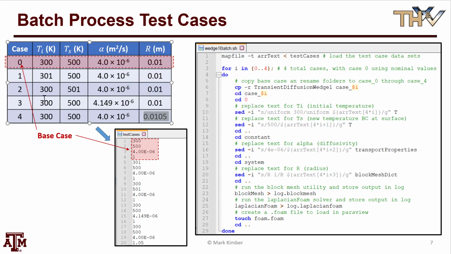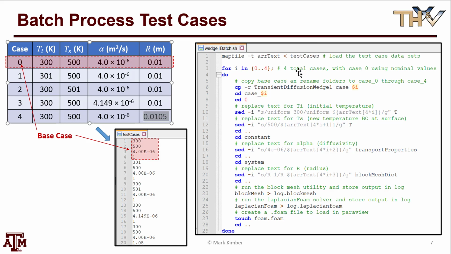And so I'm going to take these 5 by 4, 20 different values, and I'm going to list them in order in a single column format. And then I'm going to create this script. And it's shown here.